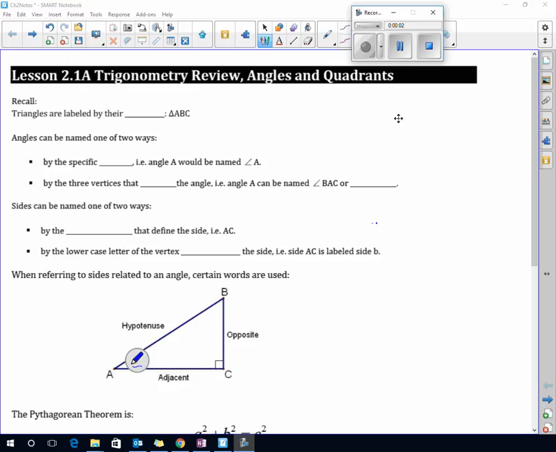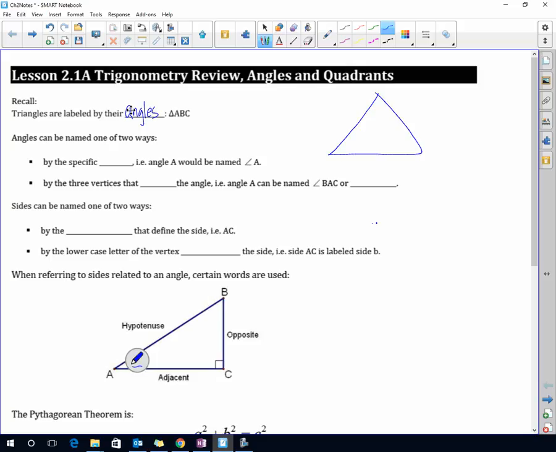By their angles. So here's A, B, and C. Angles can be named one of two ways.